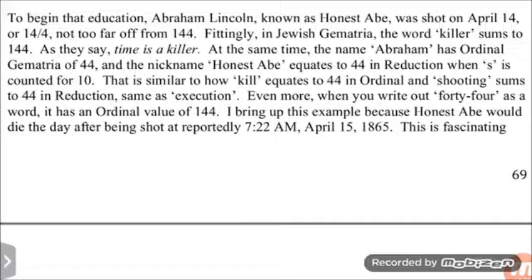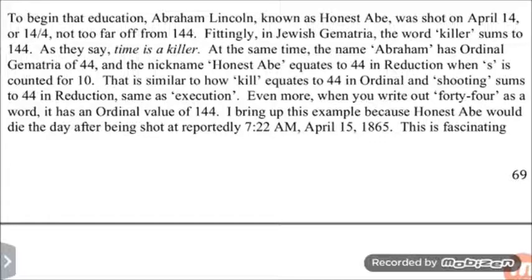To begin that education, Abraham Lincoln, known as Honest Abe, was shot on April 14th, or 14/4, not too far from 144. Fittingly, in Jewish gematria, the word killer sums to 144. As they say, time is a killer.